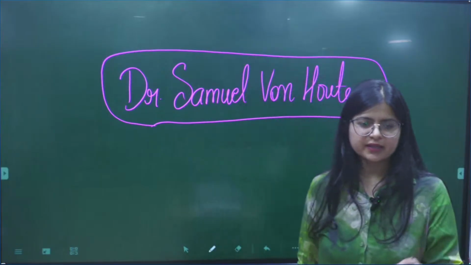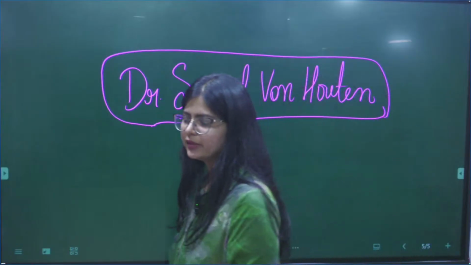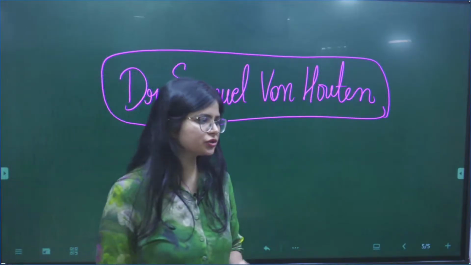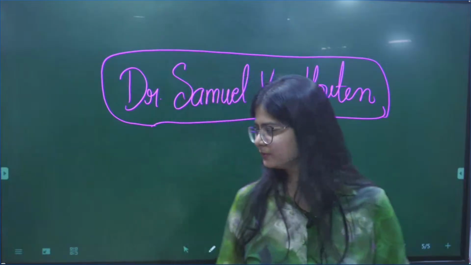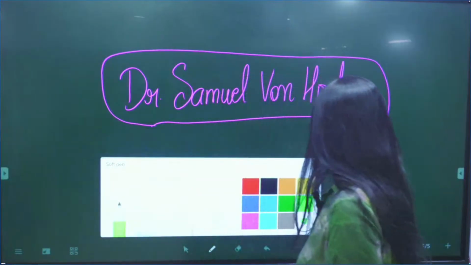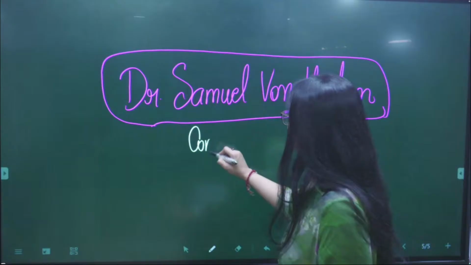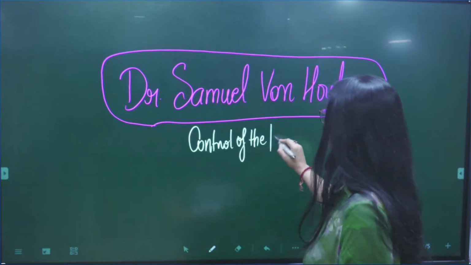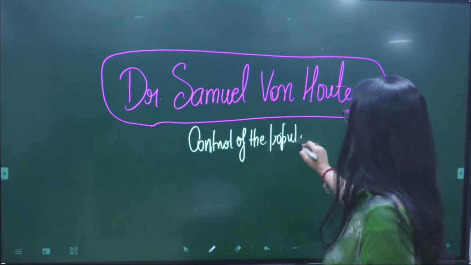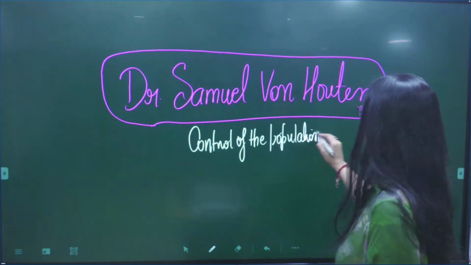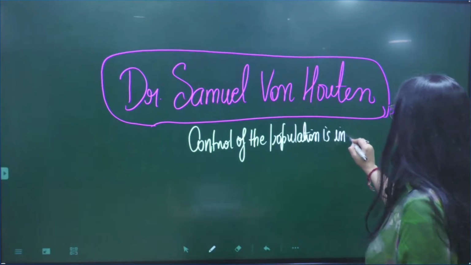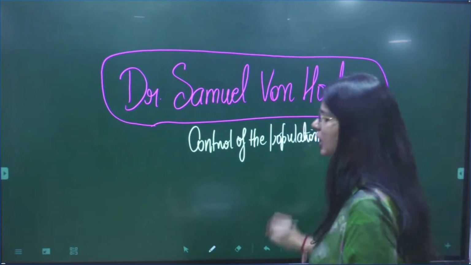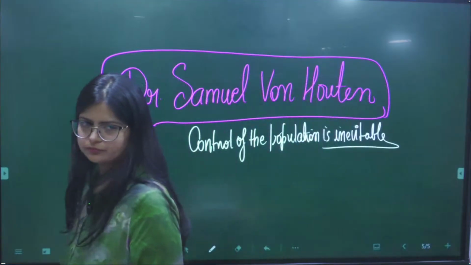Write down. He agreed that control of the population is inevitable. Inevitable means it is unavoidable, right?